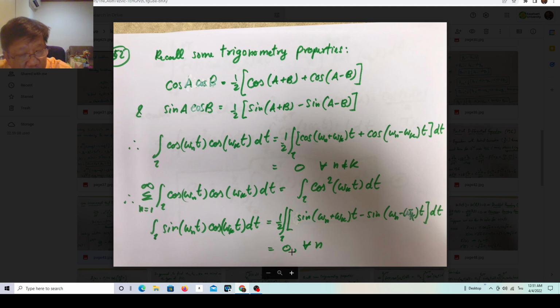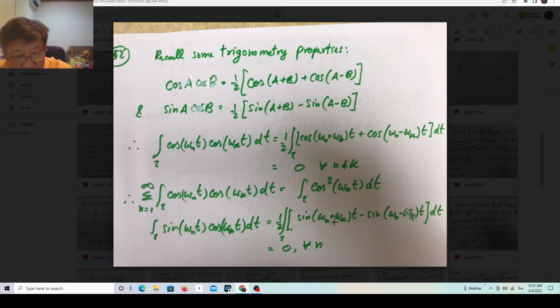Are you surprised? Not at all, because this is the integral of sine. So this one becomes 0.